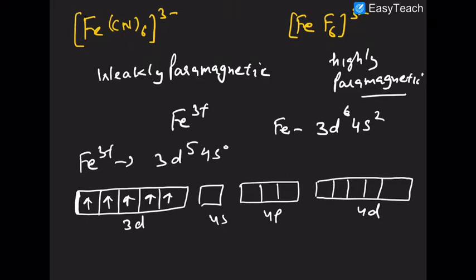Now CN is a strong ligand. What does a strong ligand do? It will cause pairing of the electrons.